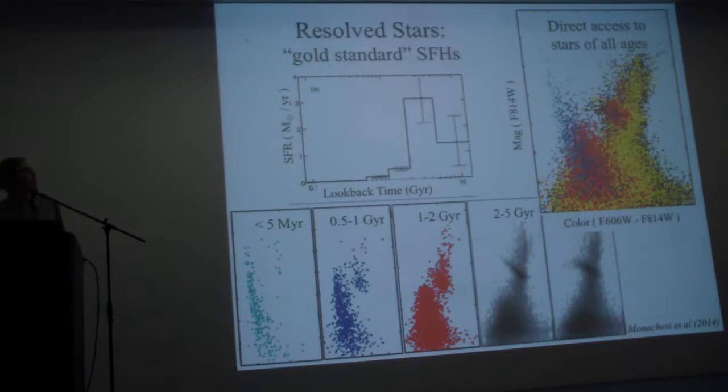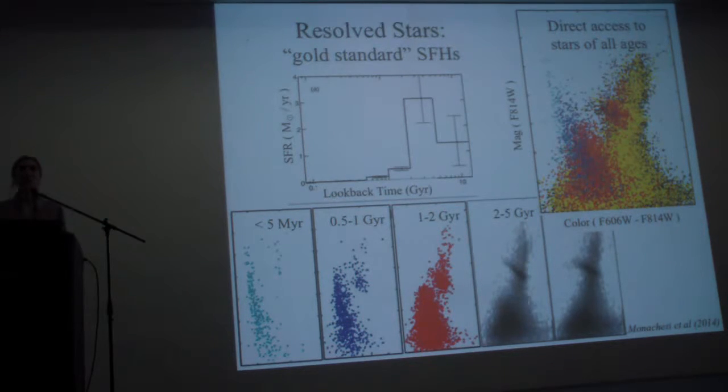So not only do you have color and brightness information about the stars, but you have the density of points within a given location on the color magnitude diagram that gives you information about the total stellar population. And so here you can really easily pull apart where the youngest stars are versus the older stars are.